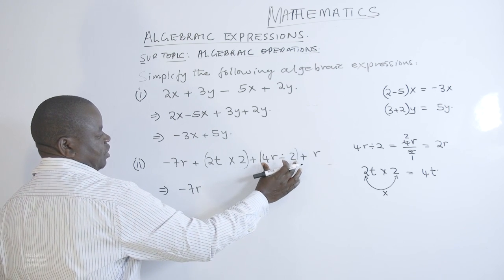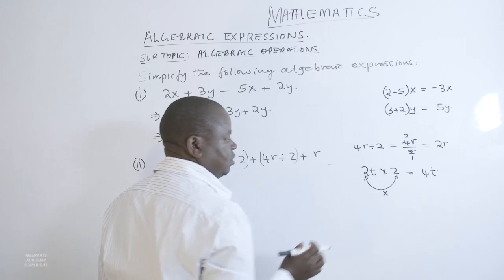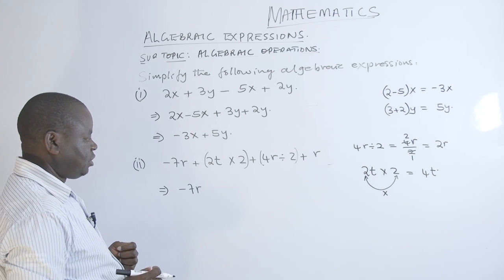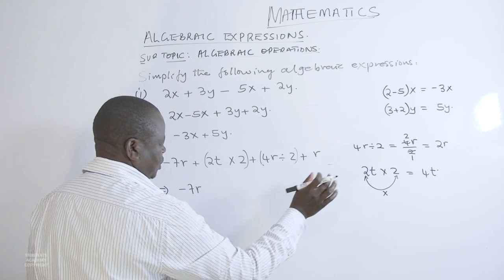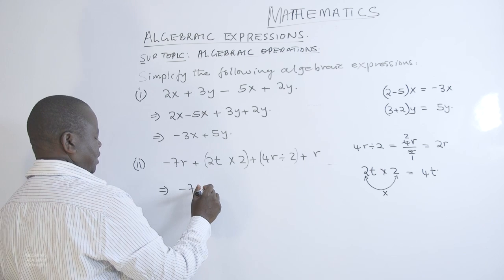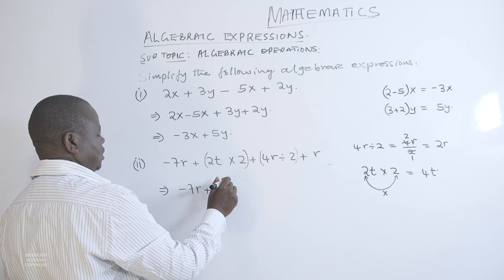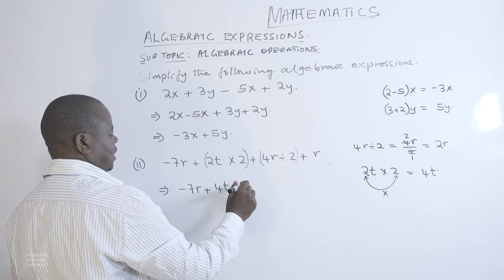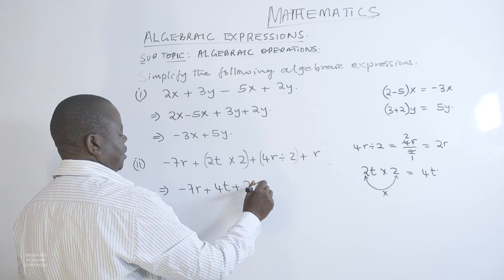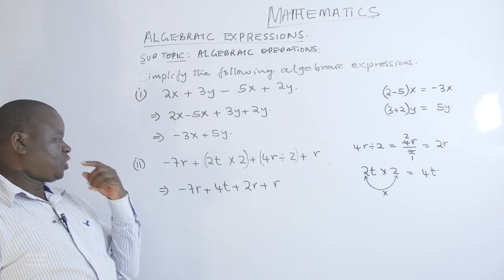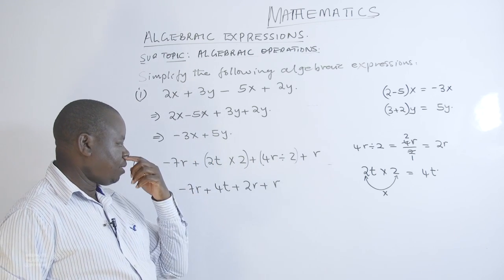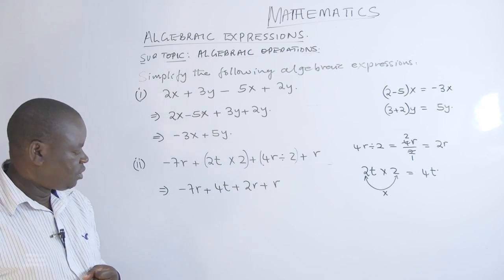The result for this was 2r, and the result for this is 4t. So we write it as plus 4t plus 2r plus r. That is the simplification we have obtained from the expression.